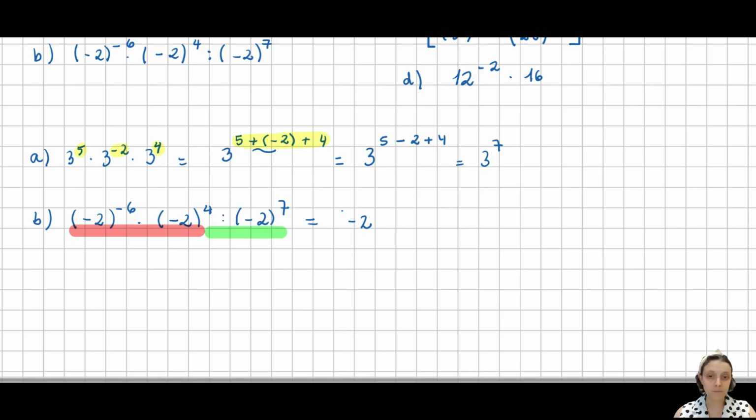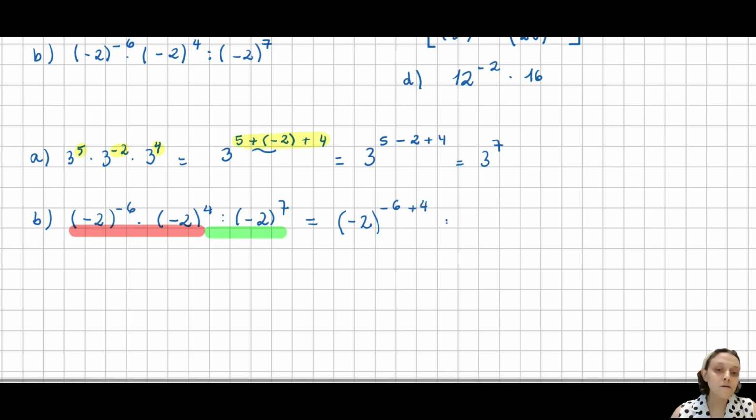So we're going to keep the parentheses because this is our whole base. When we have negative bases, guys, always use parentheses. Always, always, always, because there is a very common mistake when the negative is part of the base and when it's not. So we have -6 plus 4.